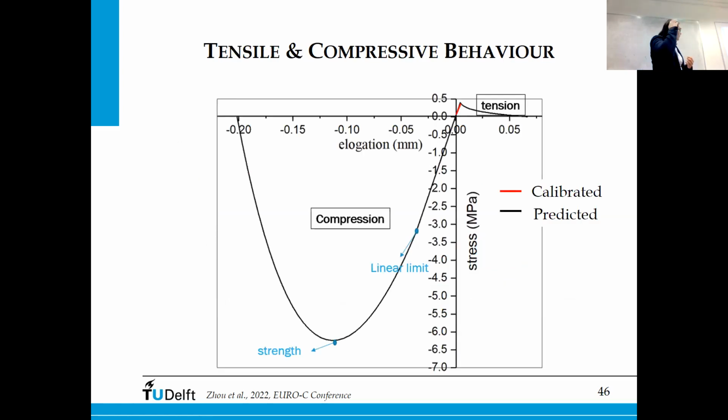The other good thing of this model is that we basically can reproduce the complete softening in tension and compression, and the relative difference between the energy dissipated and also the strength in tension and compression, by only calibrating the first elastic range in tension. So what we need is the elastic property of the masonry and the tensile strength.